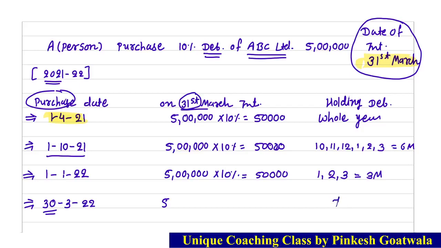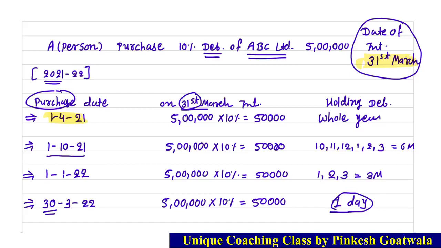Only for 1 day. Still he gets 50,000, whole year interest. So here the question: why, even though he is holding only for 1 day, does he still get the total amount of 50,000?